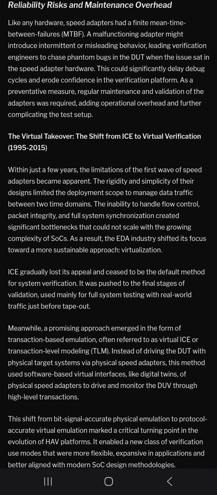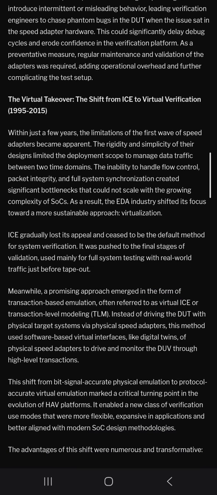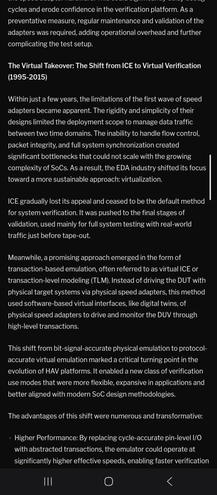The inability to manage data traffic between time domains, handle flow control, and packet-integrated full-system synchronization created a significant bottleneck that could not scale with the growing complexity of SoCs. As a result, the industry shifted its focus toward a more sustainable approach, virtualization.